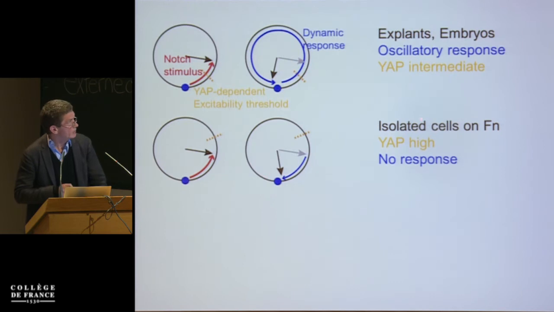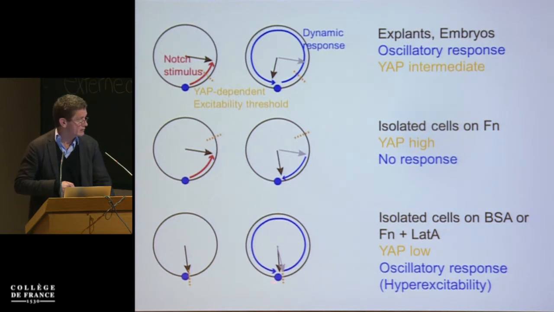And thus, when the cells are isolated and cultured on fibronectin, then YAP is activated, as I showed you, which means that you essentially raise the excitability threshold, and so your Notch stimulation is not enough to move the system, and so it fails responding and it's not oscillating.